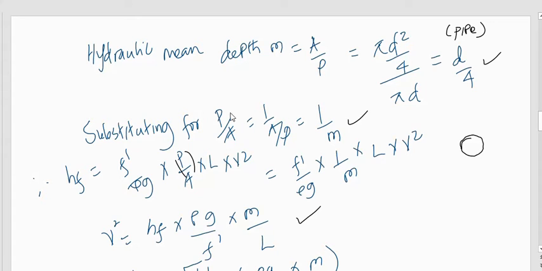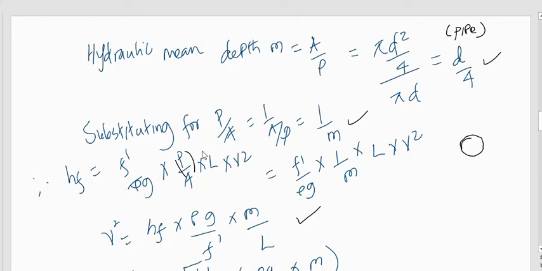What about if we substitute for P over A? That means we are substituting it with 1 over A over P. But remember, A over P is the hydraulic mean depth or the hydraulic radius. Therefore, P over A would give you 1 over m.